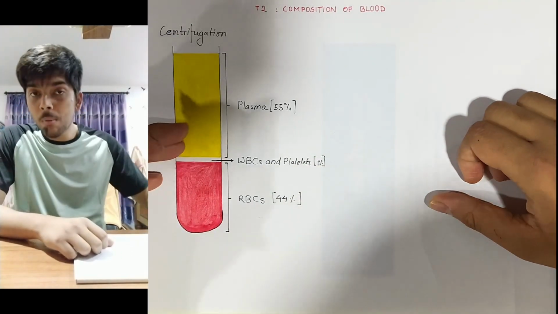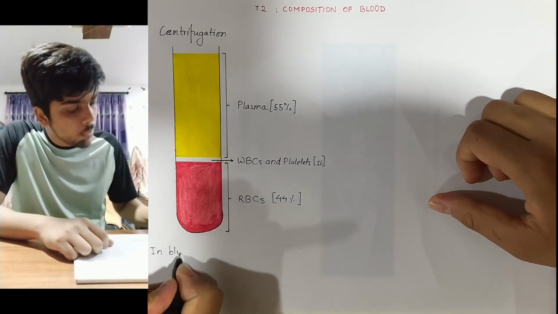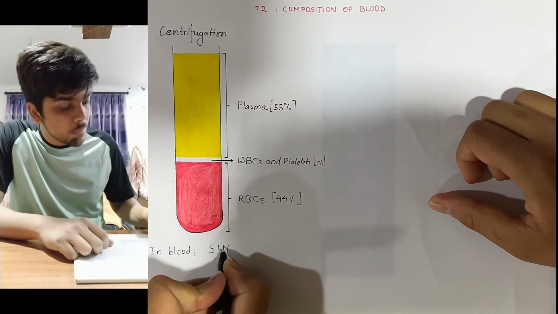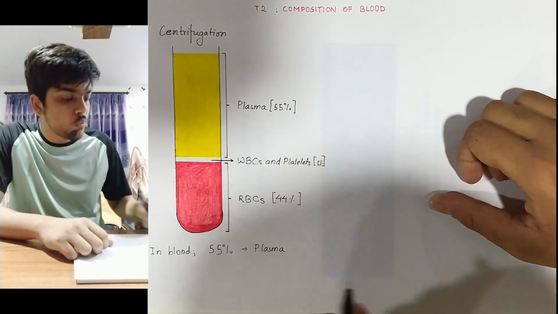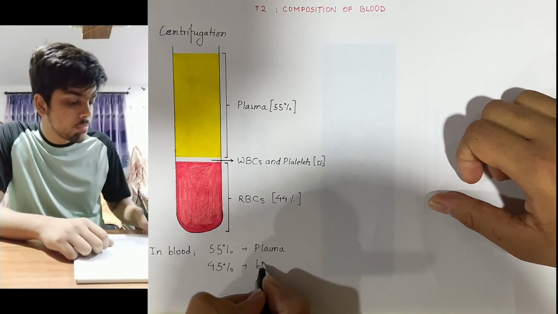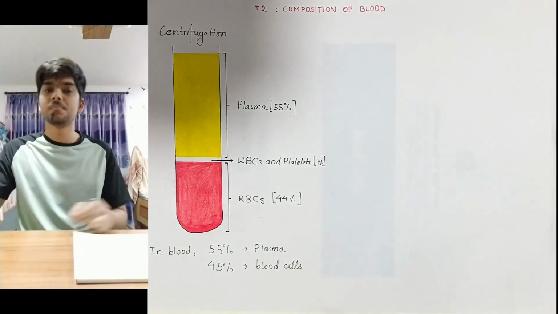From this, we can come to the conclusion that in human blood, there's 55% plasma and 44 plus 1, which gives 45% blood cells, which includes RBCs, WBCs, and platelets.